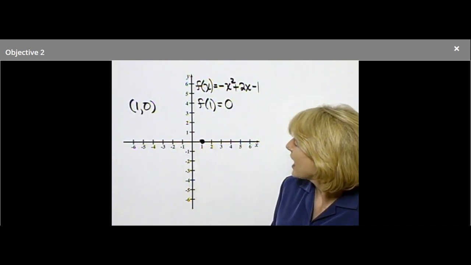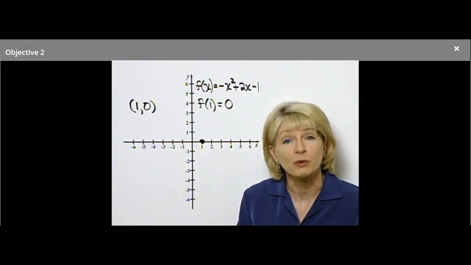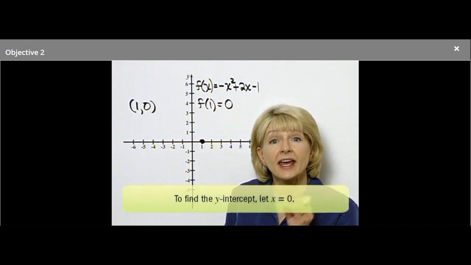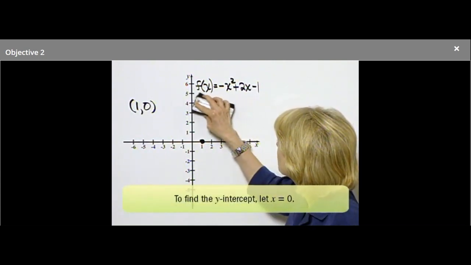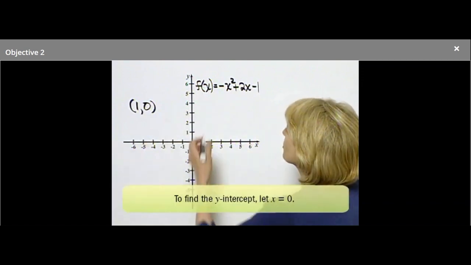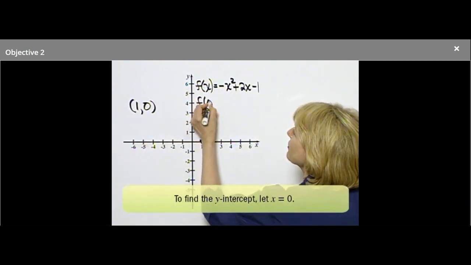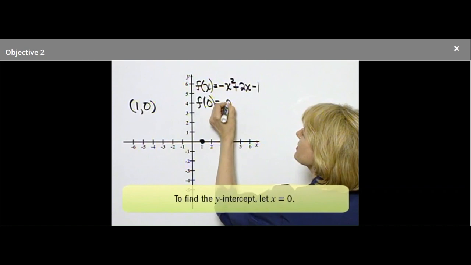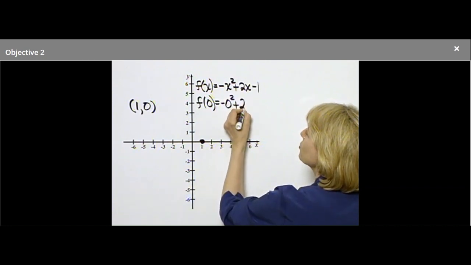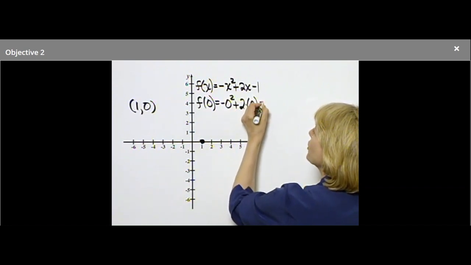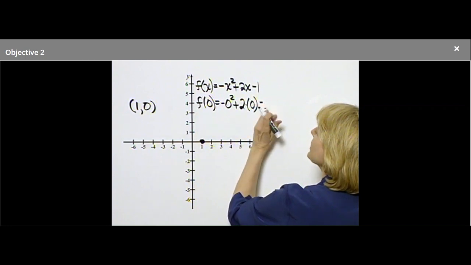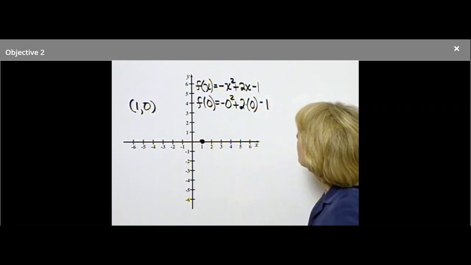But this graph will have a y-intercept. How do we find the y-intercept? We let x be 0. So let's let x be 0. And we're finding f of 0. So that's negative 0 squared plus 2 times 0. Oops, that's minus 1. And what do we have?